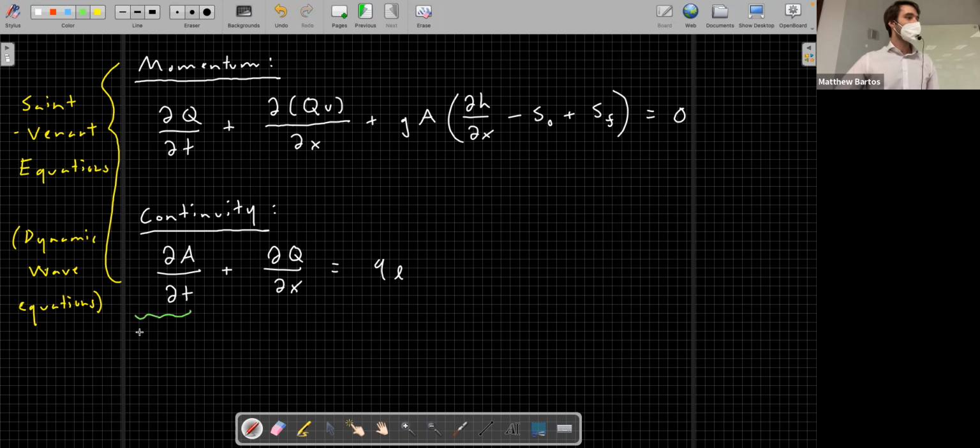It's stating that the change in volume, or I'll say the change in mass with time in our control volume, essentially has to equal the flow rate in minus the flow rate out along with any added overflow into the channel.